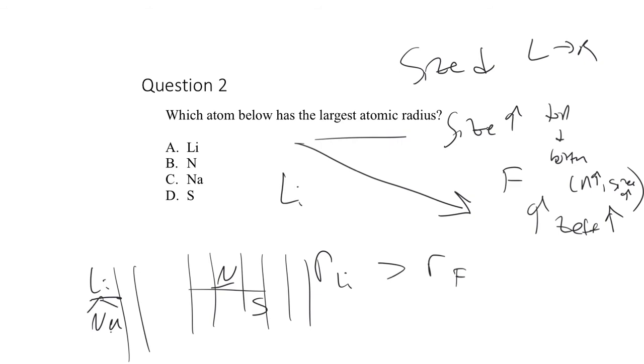From top to bottom, it's bigger. So the answer can't be lithium. Lithium is bigger than nitrogen. So nitrogen is smaller, decreasing in size left to right. So nitrogen is smaller than lithium. And then sodium versus sulfur. Sulfur will be smaller than sodium, since size decreases left to right. So the answer here would be sodium.